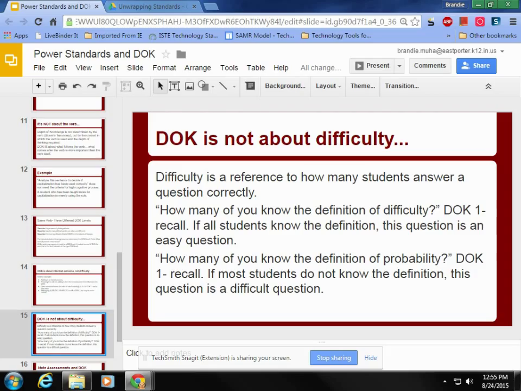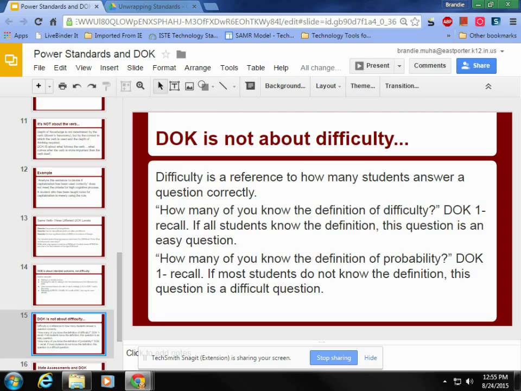If I had a depth of knowledge 1 question, it would be name the current president of the United States. Another depth of knowledge 1 would be name all of the presidents of the United States in chronological order and their political parties. It's still depth of knowledge 1, but it requires a little more effort.